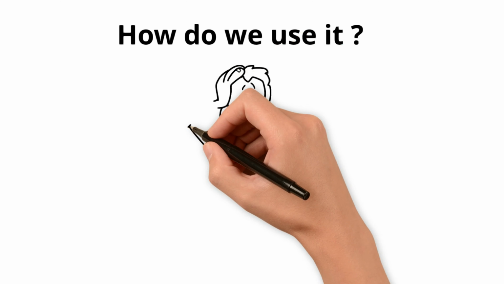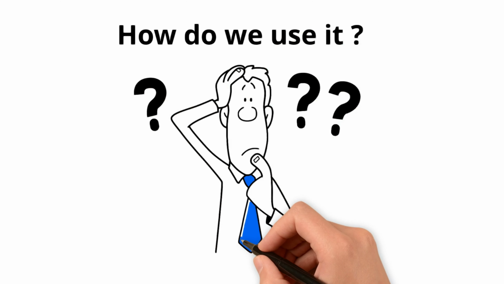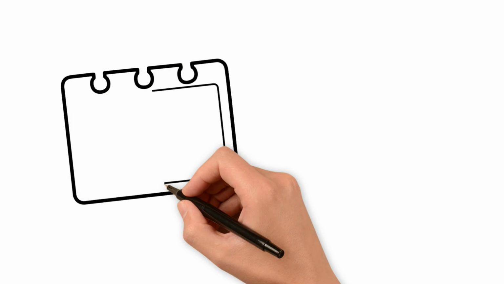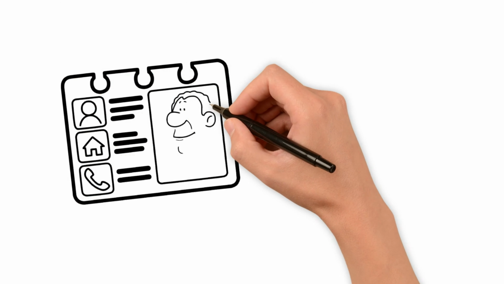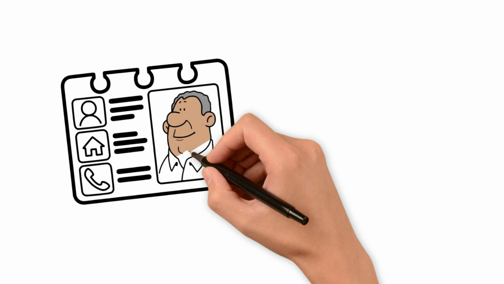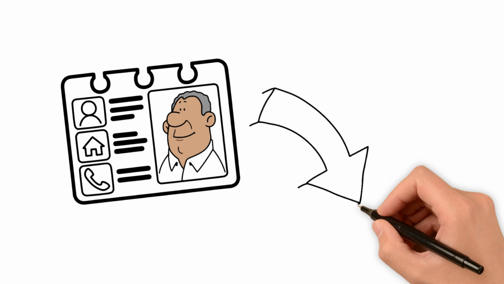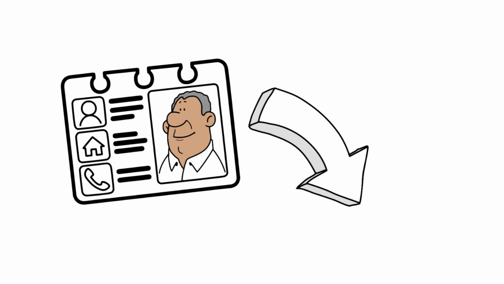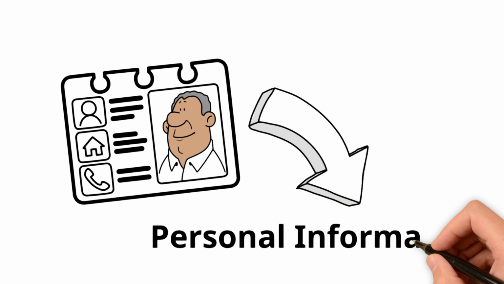How do we use it? We use the present simple to be to talk about personal information.